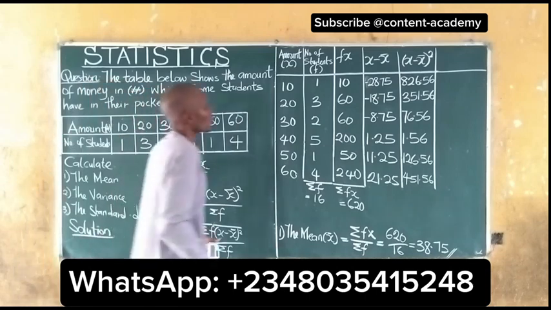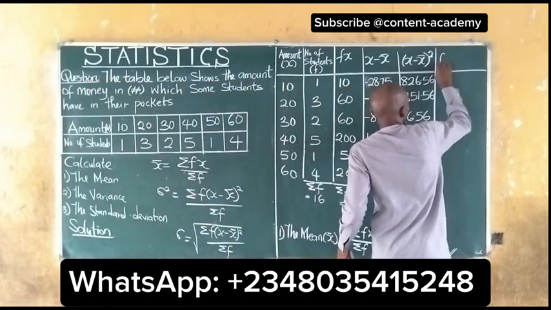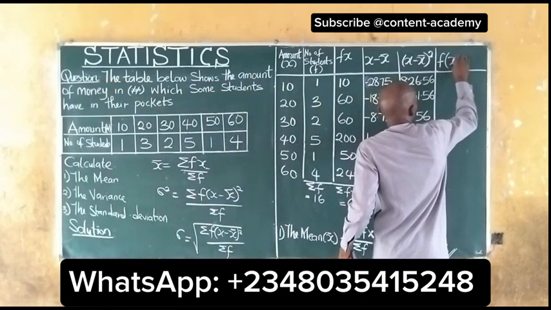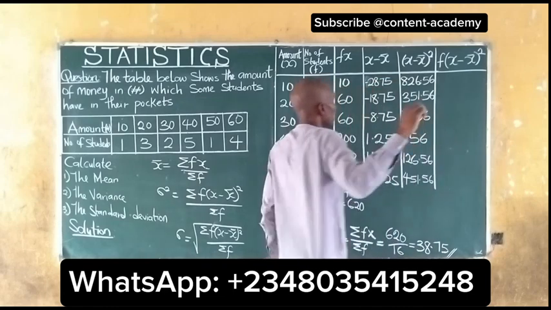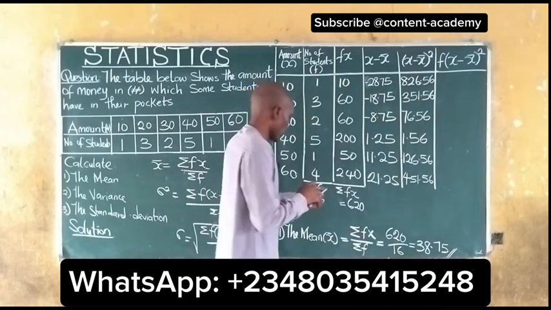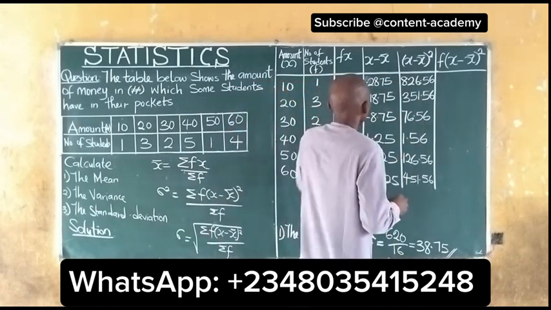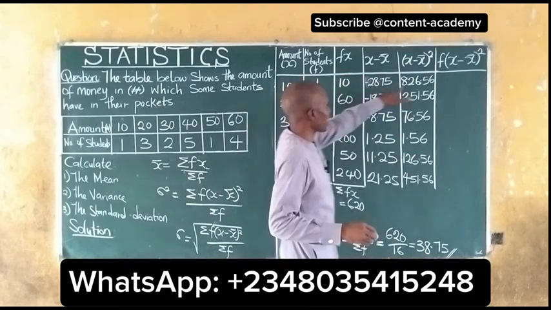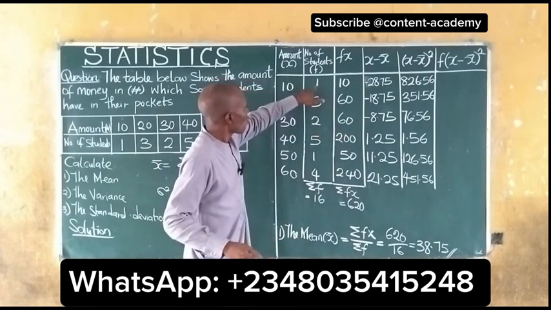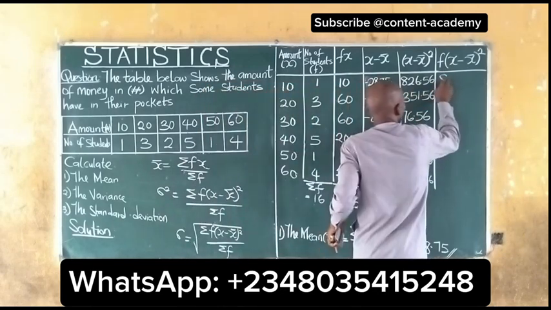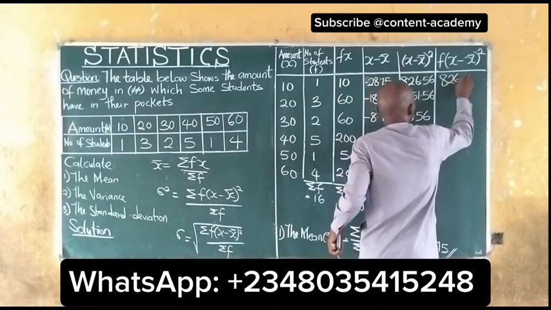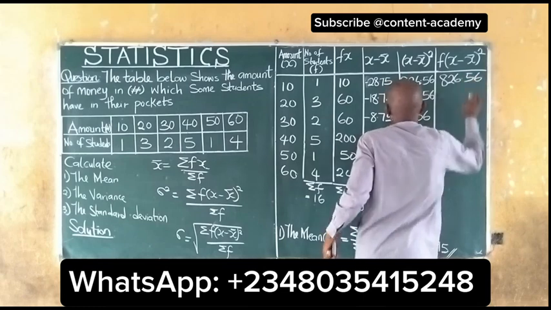We now have f of x minus x bar squared. So this is another column we'll have. It then means that we multiply our f value by this. Of course, 1 multiplied by this to get here, the same thing as 826.56.